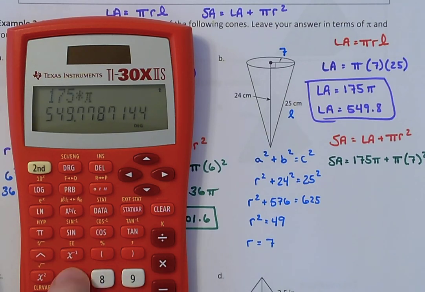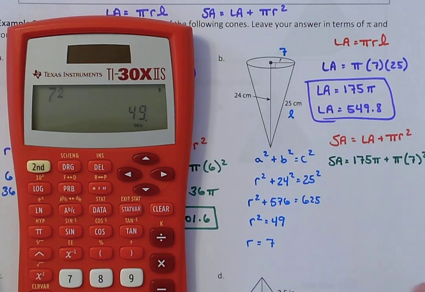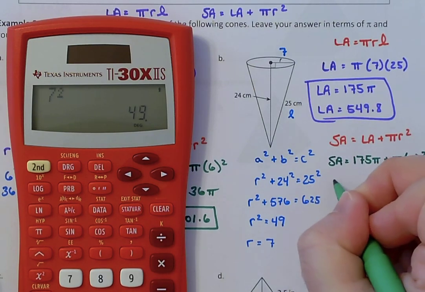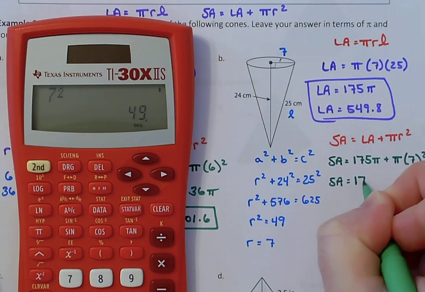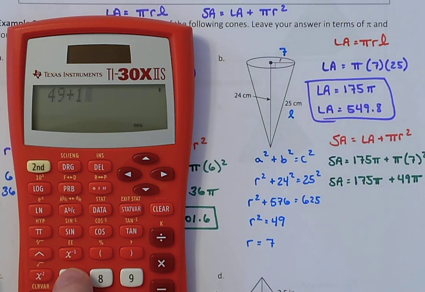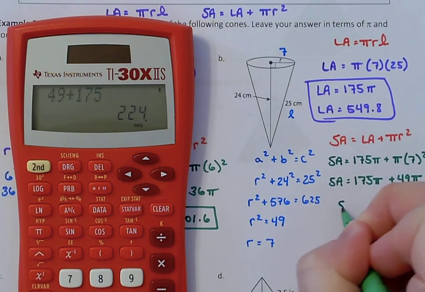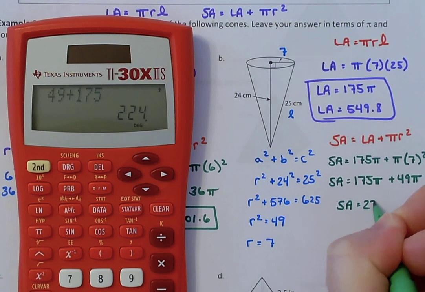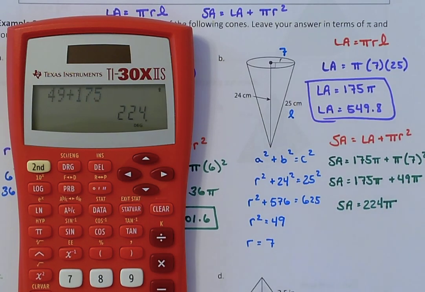If we do 7 to the power of 2, we get 49, so this becomes 49 pi. So it's 175 pi plus 49 pi. So if we add those together, 49 plus 175, we get 224 pi. And then to round to the nearest tenth, we're going to multiply pi in. And we get 703.7.